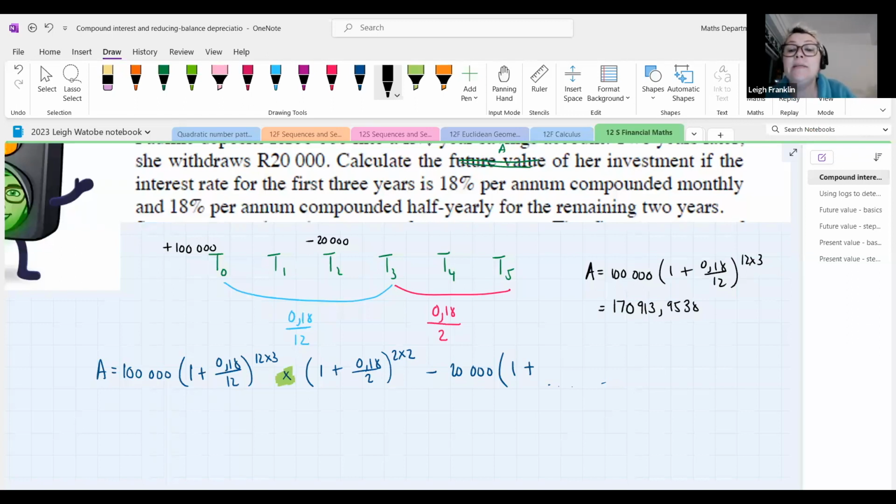So now the money stays in the account. That 170,913,9538 stays in the account, Katlego. It becomes the new P value. So now you've got 170,913,9538, and now it's going to earn interest at the new interest rate for 2 years.